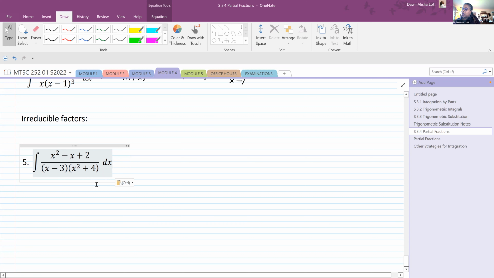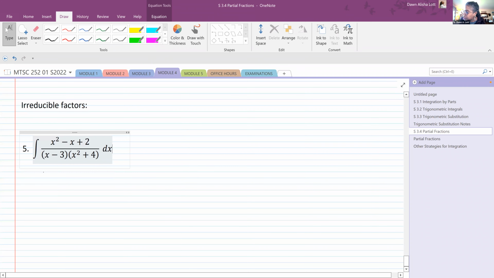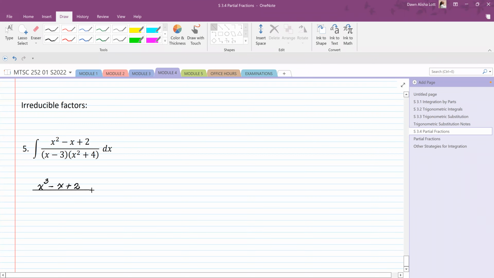So when you have an irreducible factor, that means I'm going to still take x cubed minus x plus 2 divided by x minus 3 times x squared plus 4. And the linear factor A still goes over x minus 3.